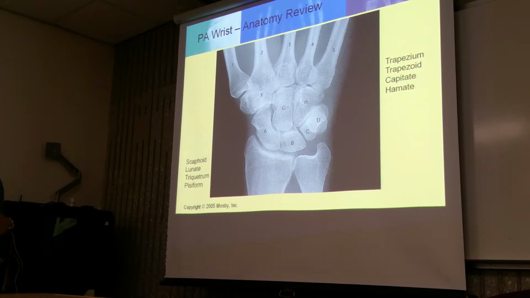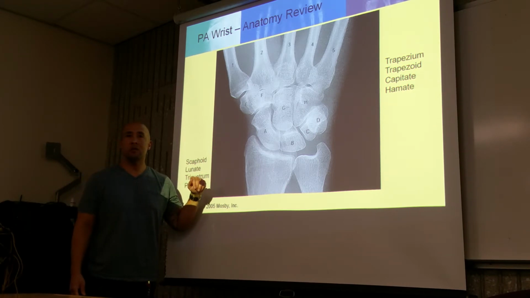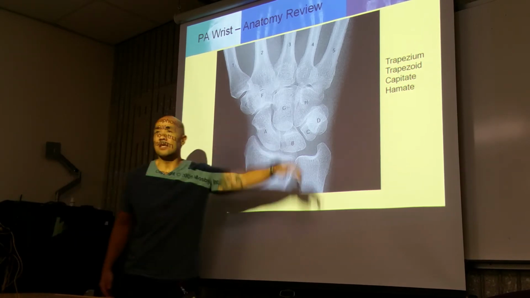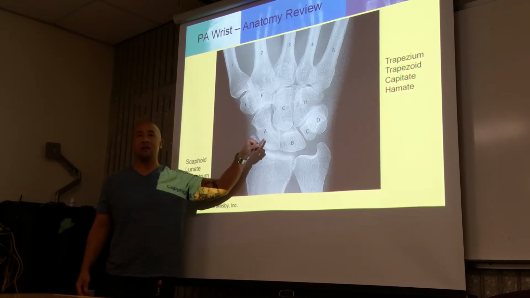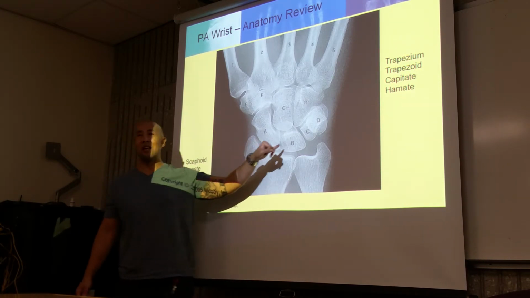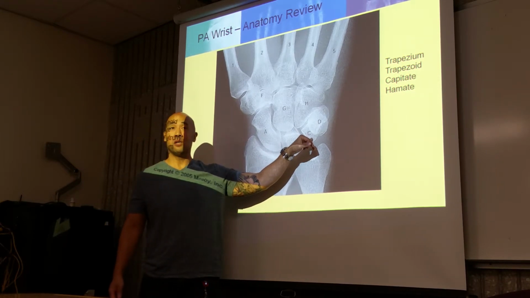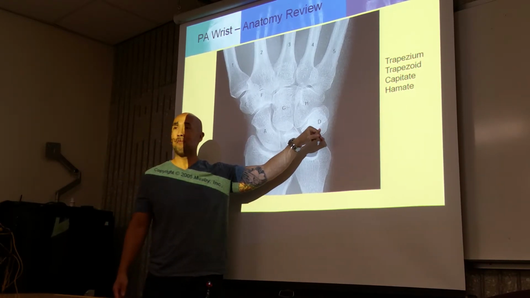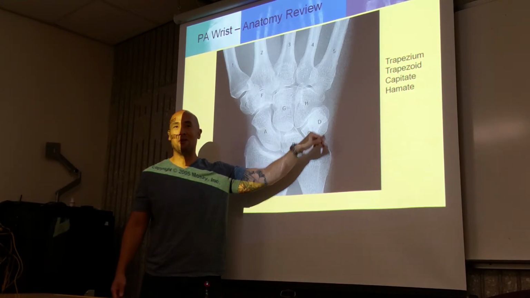All right, so here we have a PA wrist. Starting at the most proximal, let's do our mnemonics. Send, scaphoid, letter, lunate, to, triquetrum, Peter, pisiform.